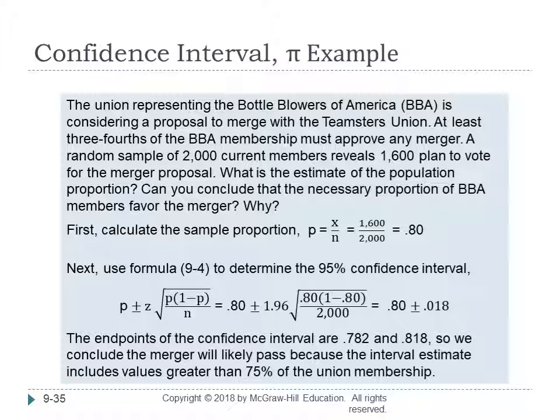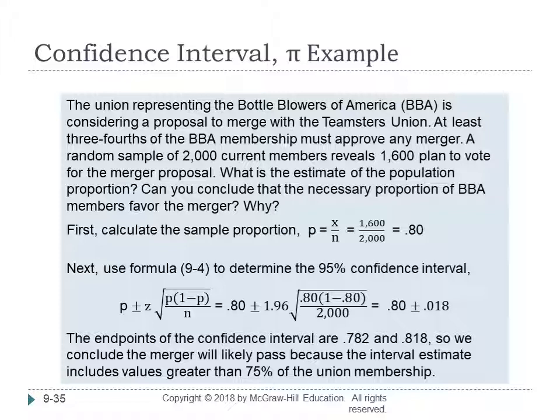The question now also is, can you conclude that the necessary proportion of the organization's members is enough to approve the merger or not? And you have to explain why. This will all be based on the confidence interval. The first step is to calculate the proportion.